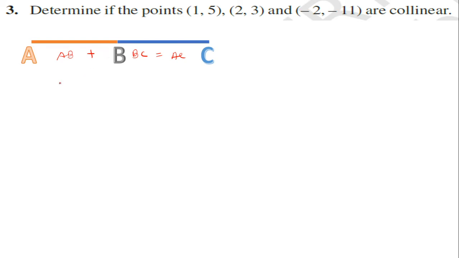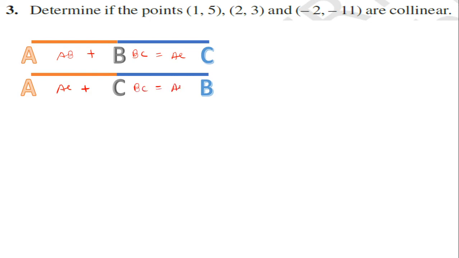The points may change, for example, it is not ABC, but it can be ACB. It's called notation, so I can say notations may change. Here I can write AC plus CB is equal to AB.